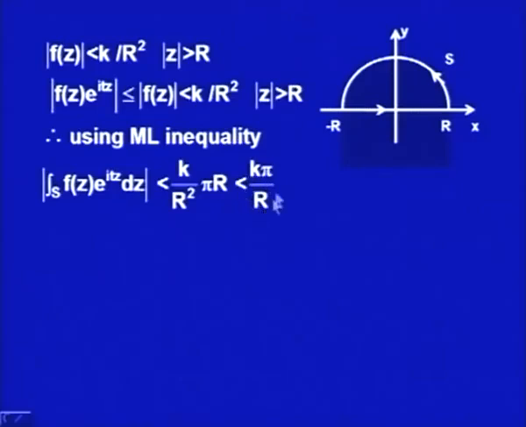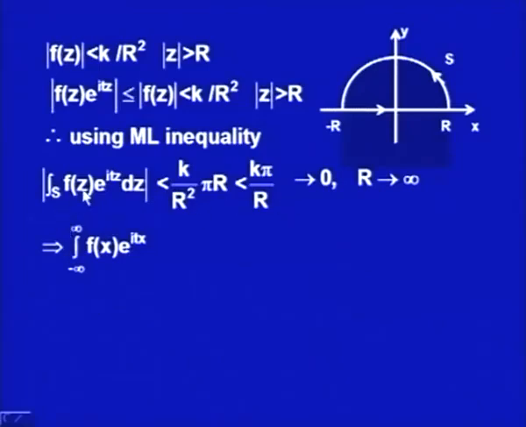Now, this value is positive. As r becomes larger and larger, this value would approach 0. So, as r approaches infinity, the integral of f(z) e to the power i t z with respect to z on the contour S approaches 0.